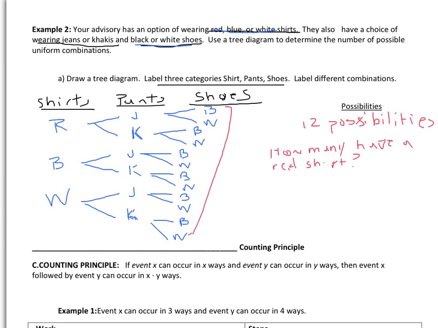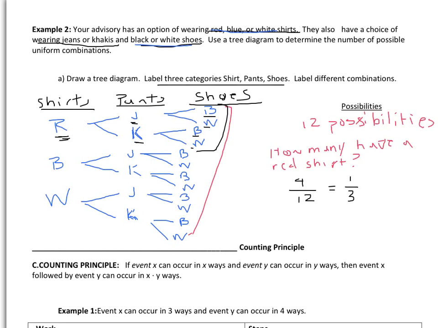Well, if we look, we could have a red shirt, jeans, black, red shirt, jeans, white, red shirt, khakis, black, red shirt, khakis, white. This set of 4 possibilities has all red shirts. So there are 4 possibilities with a red shirt out of 12 total possibilities. We want to make sure that we reduce that. So that means we have a 1/3 chance, a 1 in 3 chance of having a red shirt.